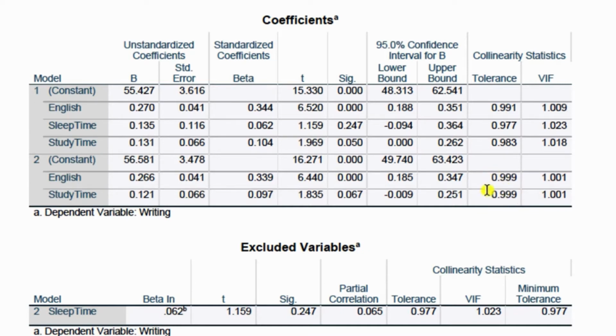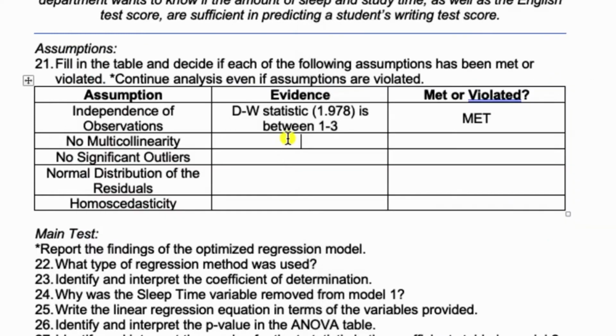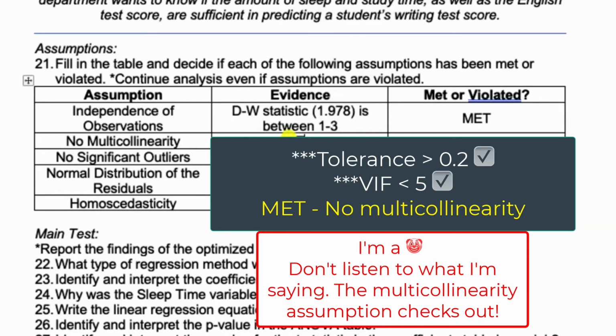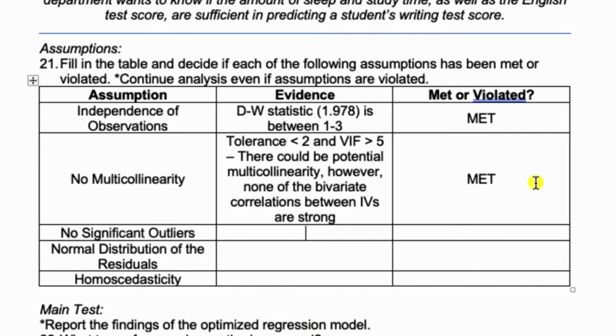Okay. So ideally, to meet our assumption, we need tolerance that's greater than 2 and a VIF that's less than 1. Okay, so currently tolerance is less than 2 and our VIF is greater than 5. So even though we've kind of violated our tolerance assumption, we met our VIF assumption, and we also don't have strong correlations or R values that we can see in our correlation table. So I'm going to say that we've met that assumption.